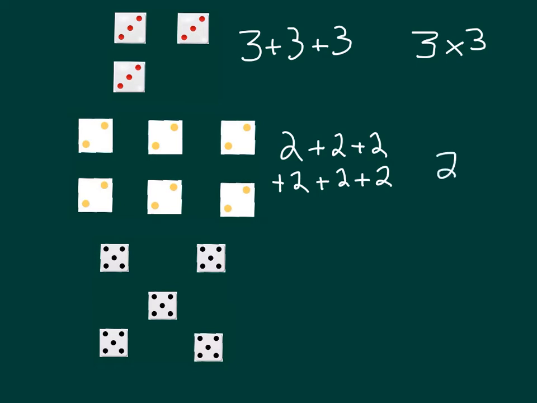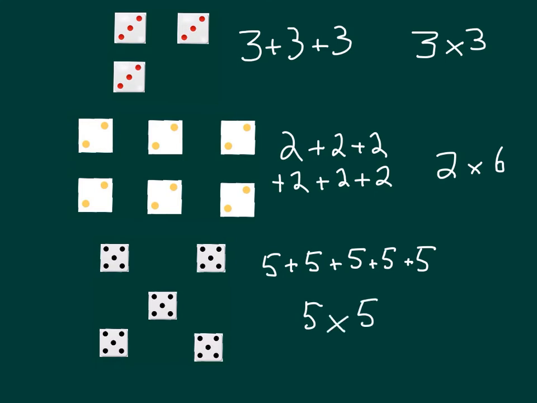So I've got 2 6 times. And that last example? Well, 5 on each dice and a pattern of 5. So I've got 5 on each dice 5 times. Now, how many dots in each pattern? 9 in the first, 12 in the second, 25 in the third.